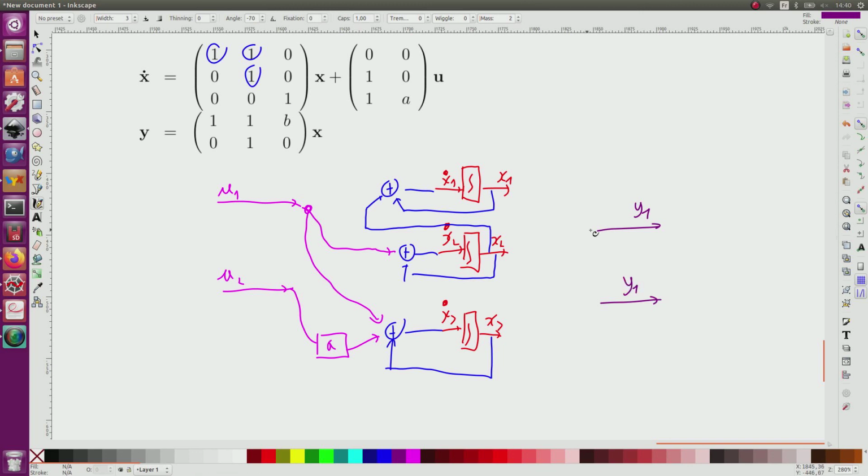And for y1, I have the sum where x1, x2, and b are involved, and due to this, y2 is involved only with this one.